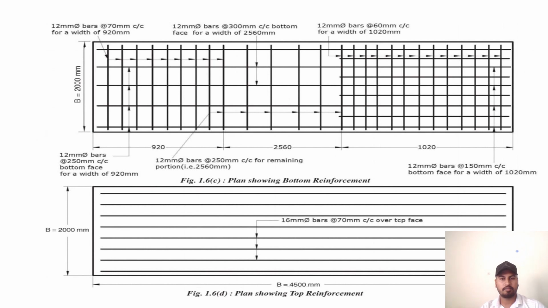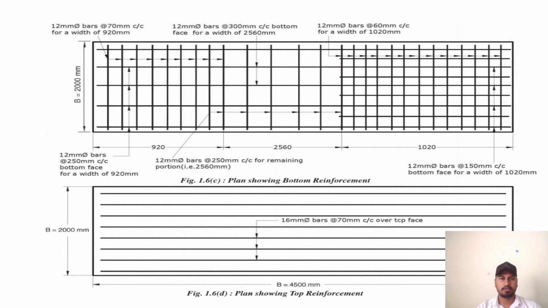Now looking at the plan of bottom reinforcement, the distribution bars are 12 mm dia bars at 300 mm center to center at the bottom face for the width of 2560 mm, and the main reinforcement of 12 mm dia bars at 70 mm center to center for the width of 920 mm.